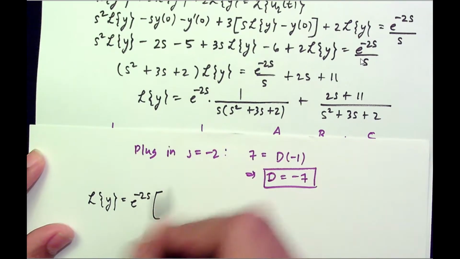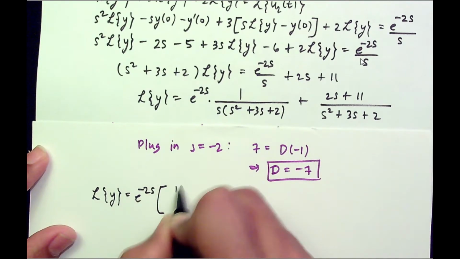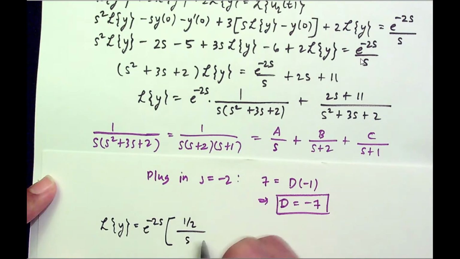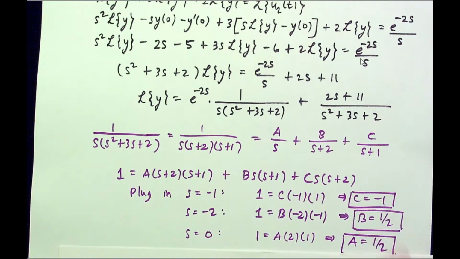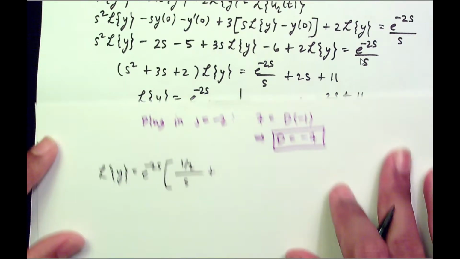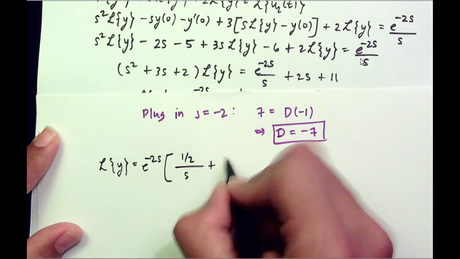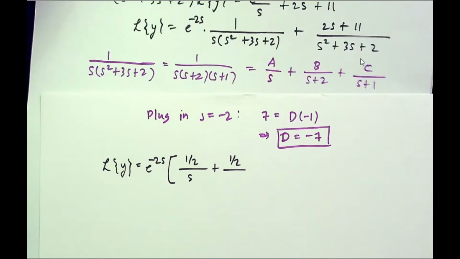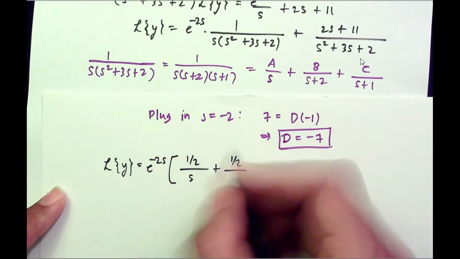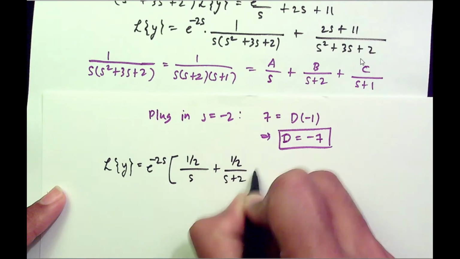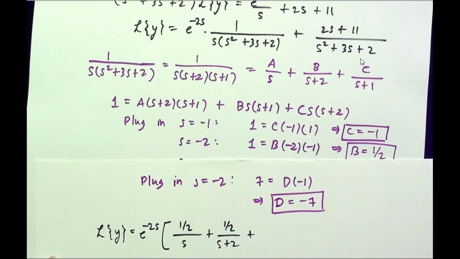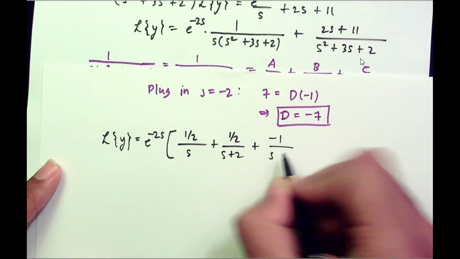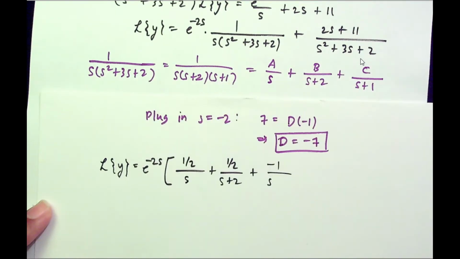So I'm going to write a half over s. B equals a half as well. So a half over s plus 2. And C equals -1. So -1 over s plus 1.